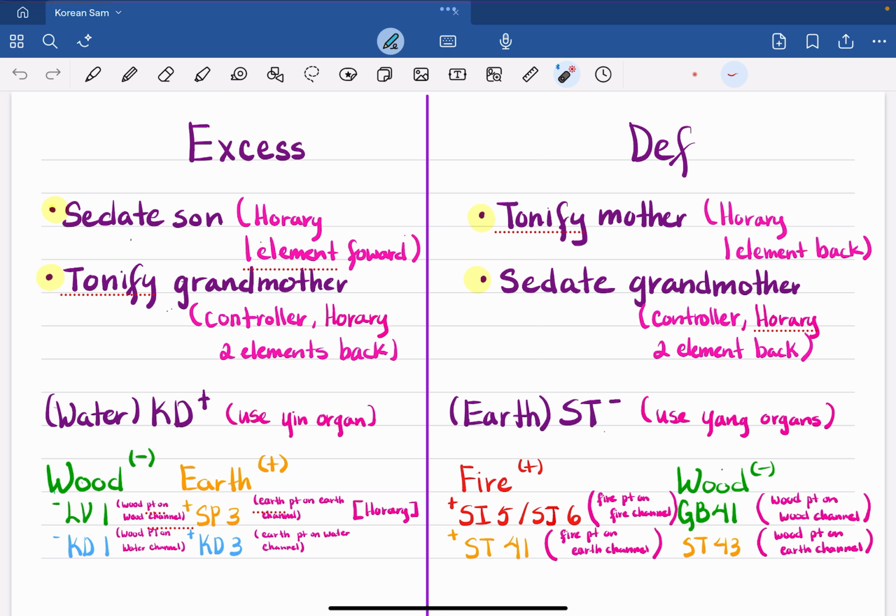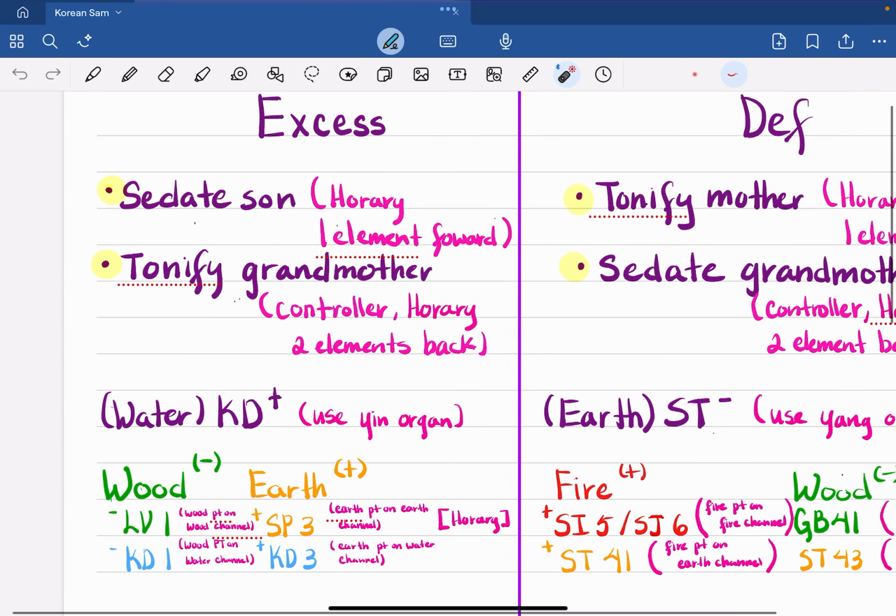So once you have that concept in your head, we're now going to go over what happens when there's a patient who shows excess conditions and patients who show deficient conditions, and you happen to use the 5-element method. So here is how we would do it.